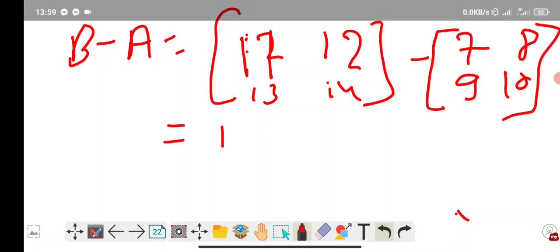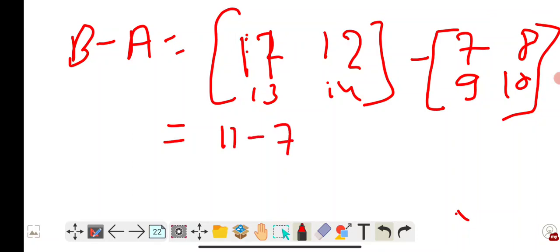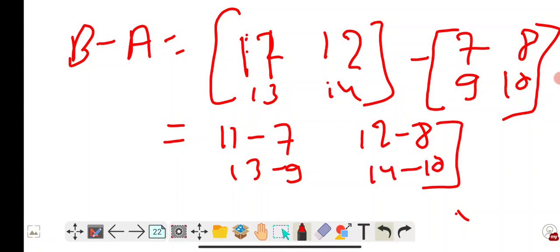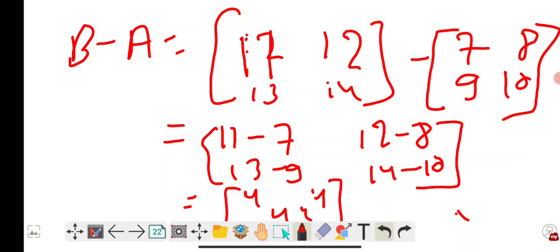We can carry out 11 minus 7, 12 minus 8, 13 minus 9, 14 minus 10. The answer is 4, 4, 4, 4. This is the subtraction case.